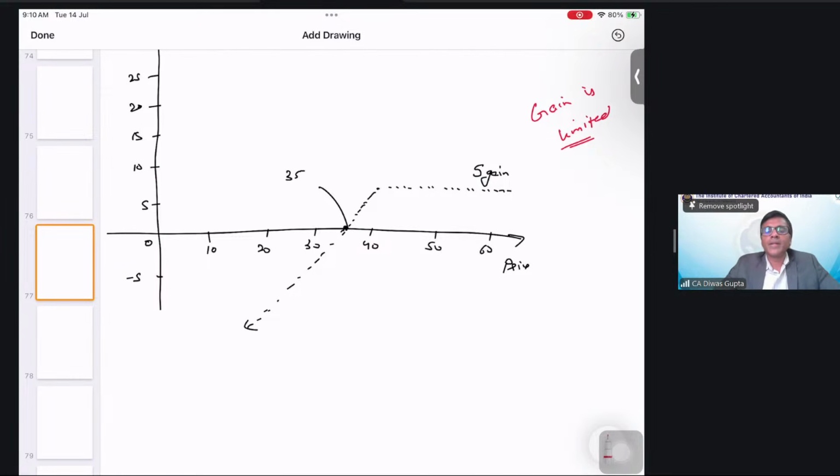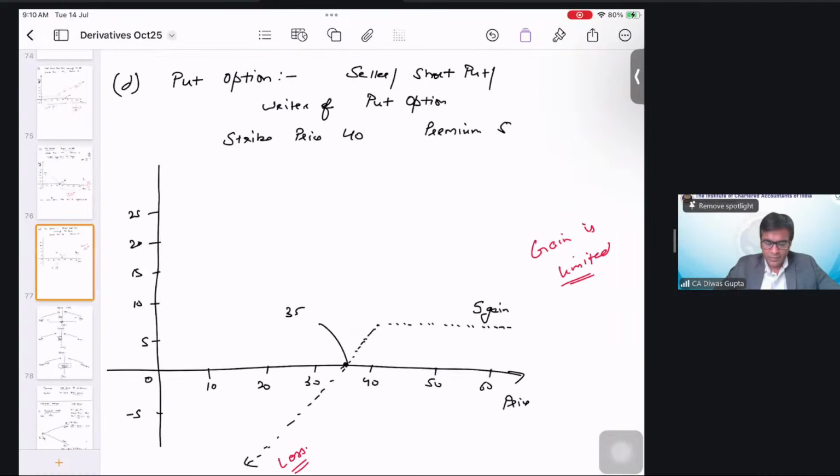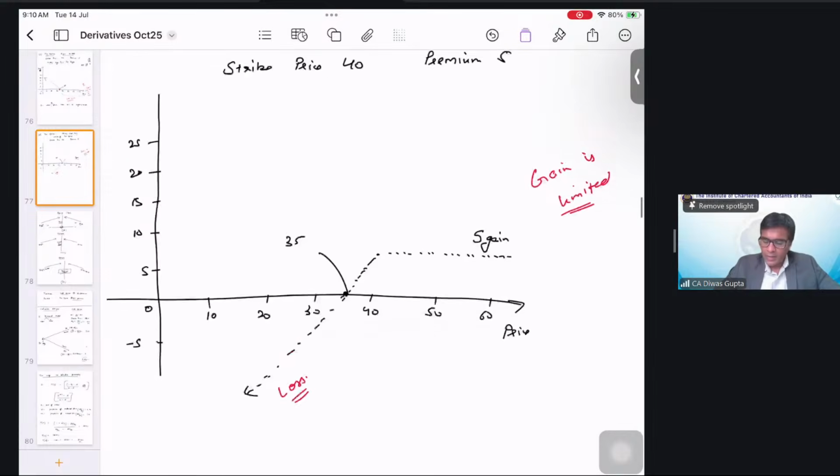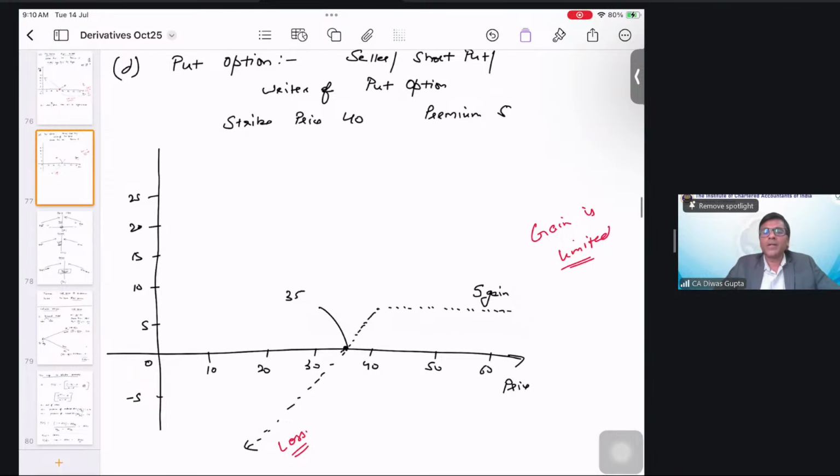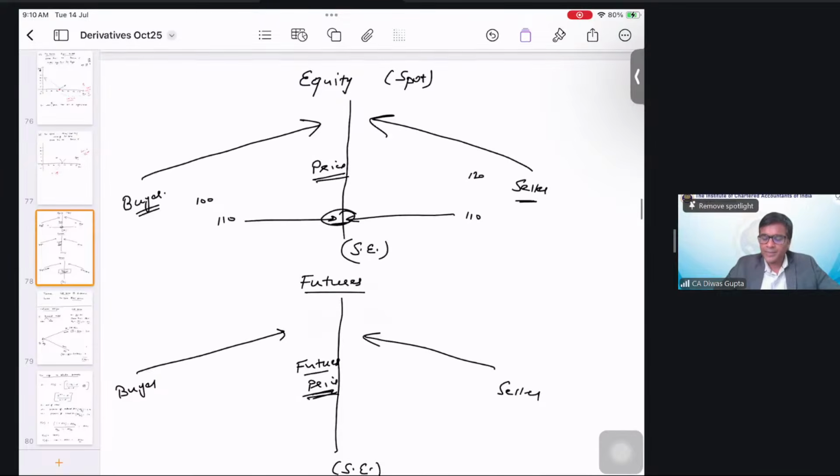Till the time the spot price is higher than the strike price, there will be a limited gain equivalent to the premium. And the moment prices come down, it will lead to a loss. Since this is an option writer, students. Clear? I hope the concepts, the situation is clear.